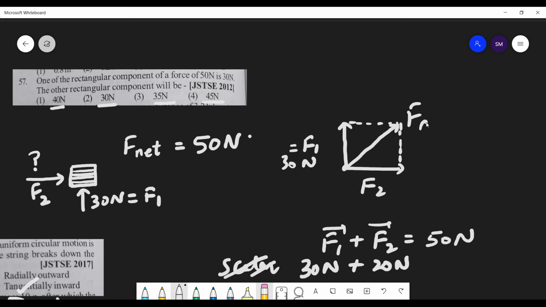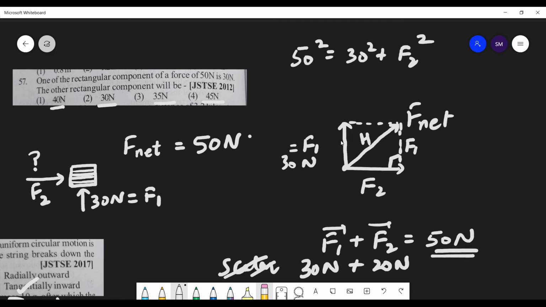So that is your net force, the magnitude of this resultant. Here there are rectangular components, so this hypotenuse. This is F1, this is also F1. So hypotenuse square is equal to perpendicular square plus base square. The hypotenuse is given to you, it is 50. So 50 square is equal to 30 square plus F2 square, isn't it?